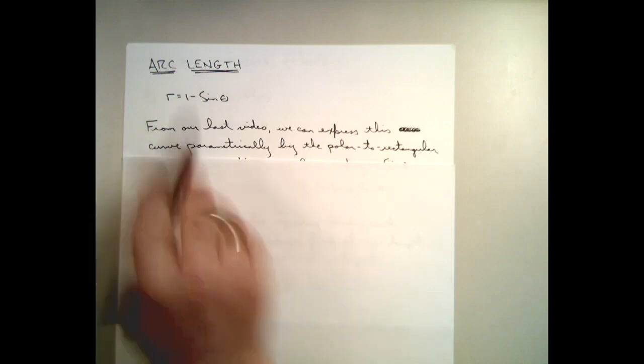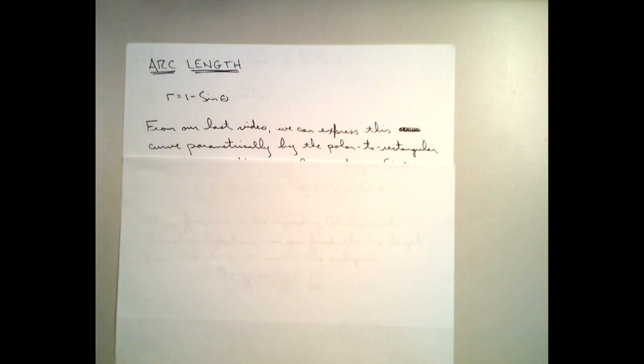All right, so again, we're working with the polar equation r equals 1 minus sine theta. And you'll recall that we saw in our last video that we can express this curve parametrically, right? That's the way we found derivatives, dy dx, whenever we were in the polar setting.